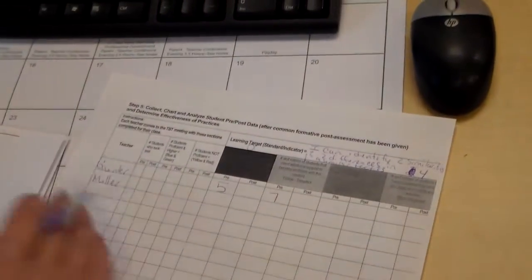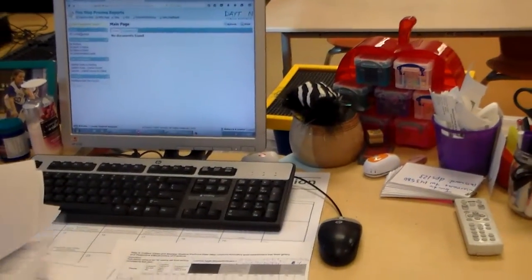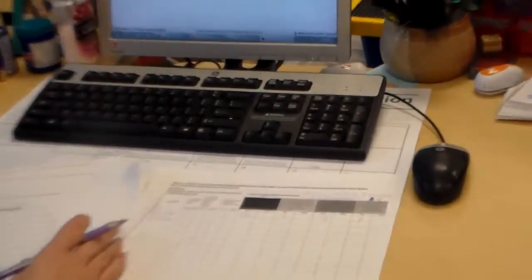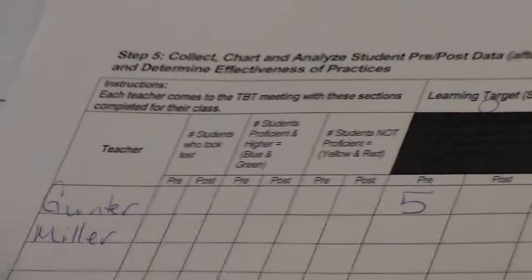We thought they could possibly compare them verbally. Didn't you say that, Ms. Gunter? But not writing on the Venn diagram without us writing it up on the board for them. So we obviously have some data to work with.